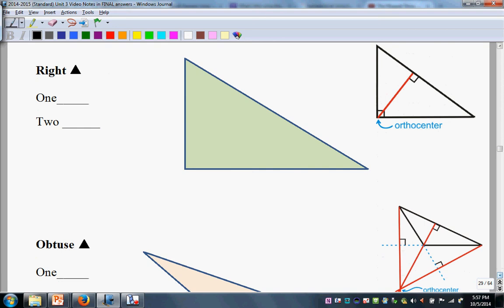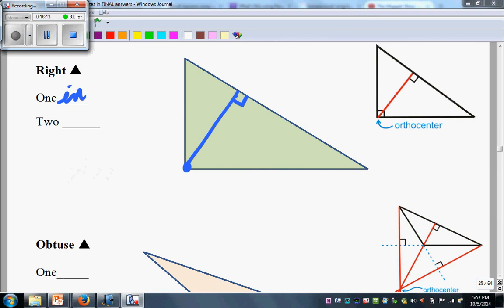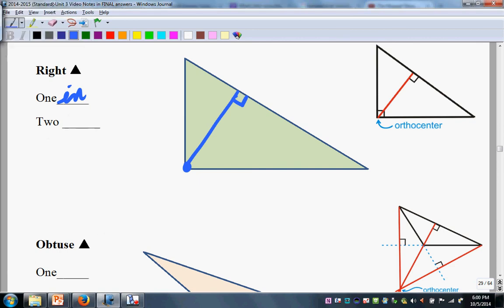In a right triangle, remember we're going to corner and right angle. One altitude is inside, so corner, right angle. So in a right triangle, you have one that's inside, and then you have two altitudes.